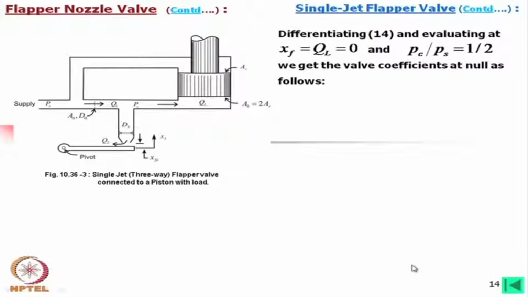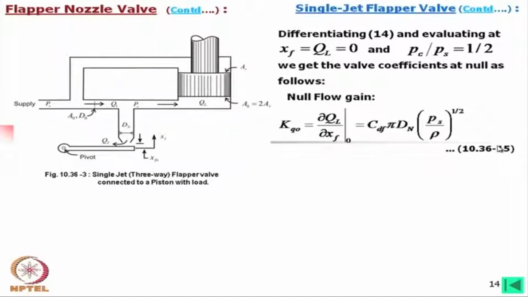Now, if we differentiate 14 and evaluate at x f equal to q l equal to 0, that is for the null position, and P c by P s equal to 1 by 2, then we get the valve coefficients at null position, and we can express these in this form.